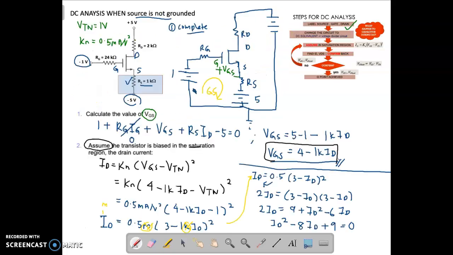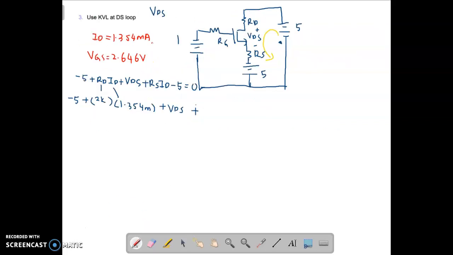And what is the value of your RS? RS is equal to 1K, times 1.354 milli, minus 5 equal to 0. And you can get the value of your VDS. So your VDS is 5.938 volt.